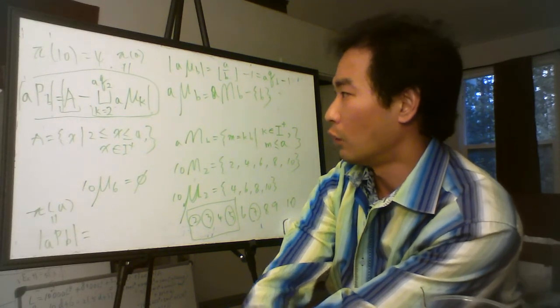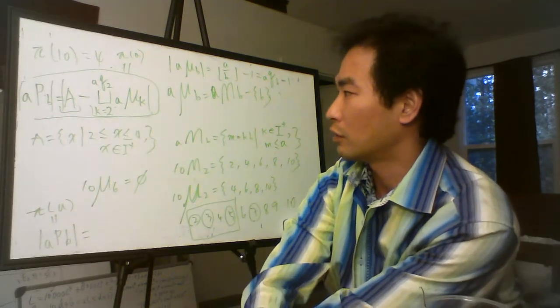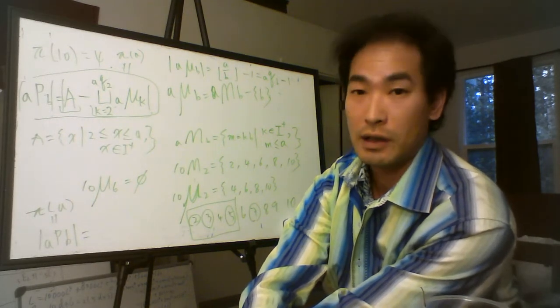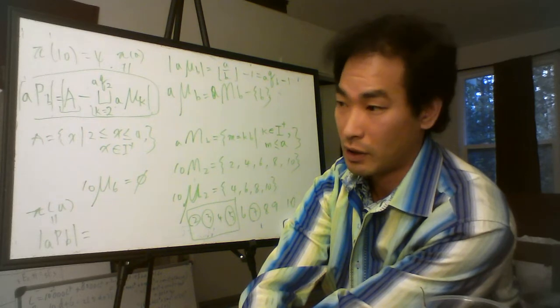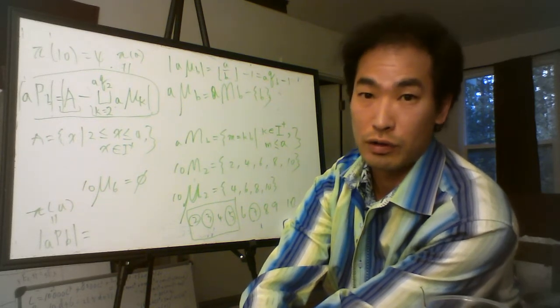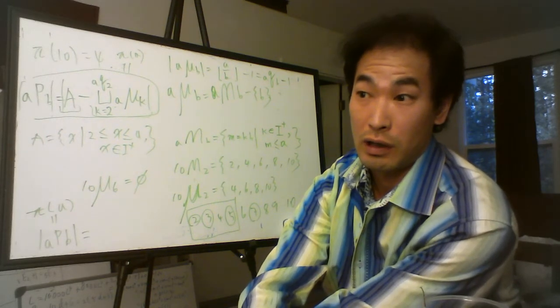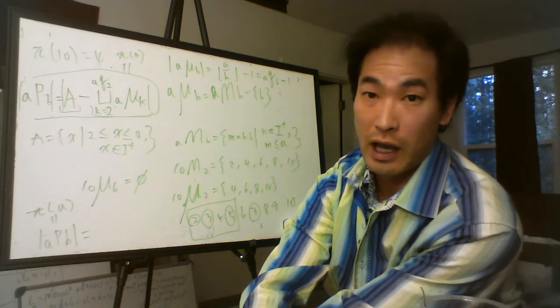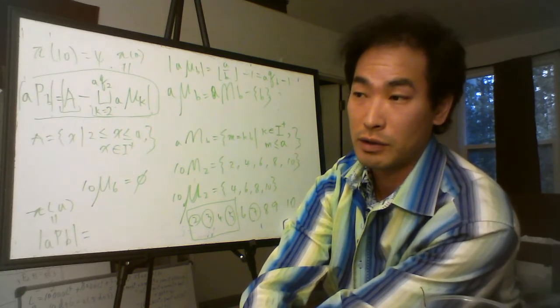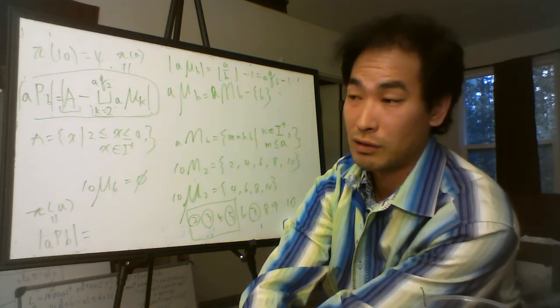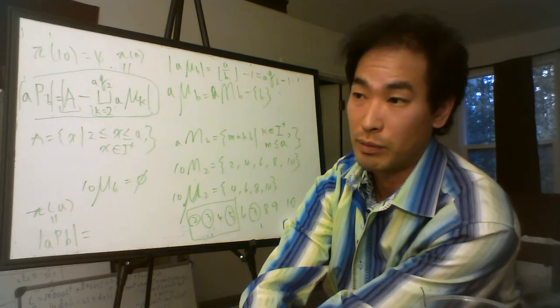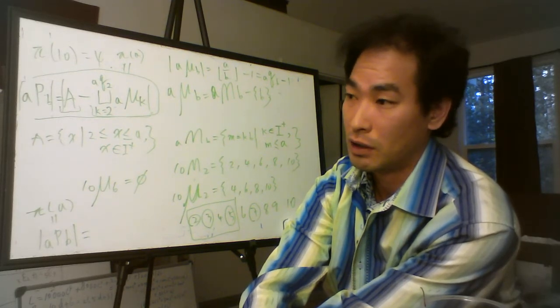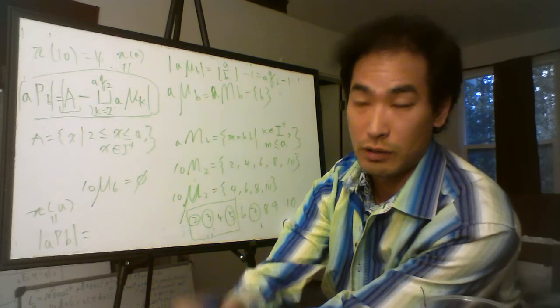So it all boils down to counting the number of set unions. It's just like the number of a union b union c is equal to number a, number b, number c, minus number ab, number bc, number ca, plus number abc, right?